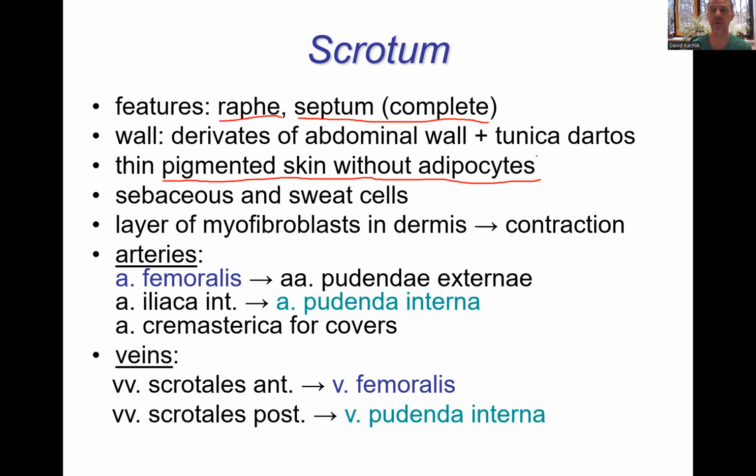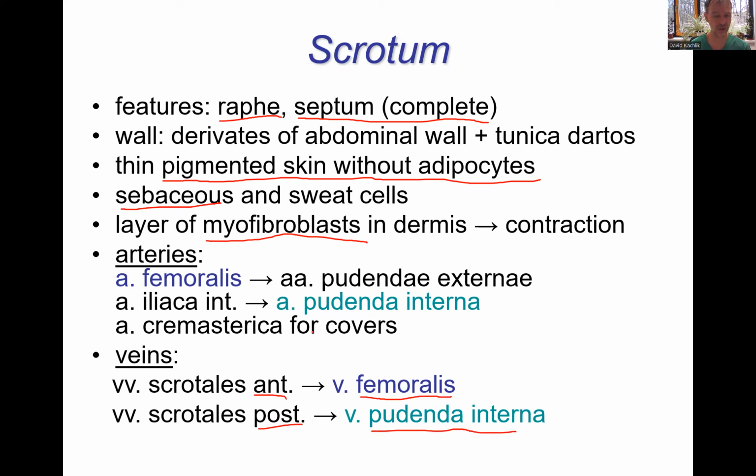And there are no adipocytes, so there is no fat to isolate the scrotum from its surroundings. There are, of course, some sebaceous glands and hairs, and the tunica dartos contains myofibroblasts. The blood supply is similar to the penis, so we have anterior and posterior scrotal veins draining into the great saphenous and internal pudendal vein.